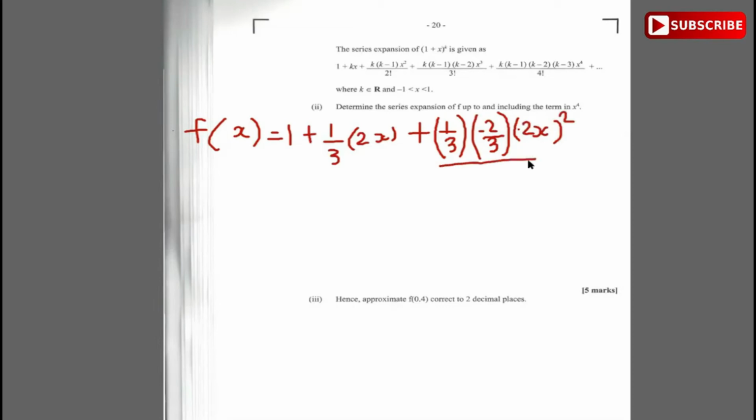2 factorial. 2 factorial is 2. Plus, that's going to be k times k minus 1 times k minus 2, which is going to be 1 over 3 times 1 over 3 minus 1 is minus 2 over 3.